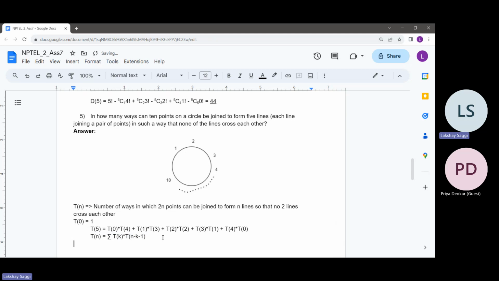And note that if you have seen the lectures, then this recursive relation belongs to a special number. Do you know what that number is?